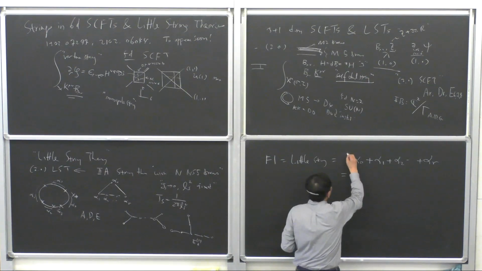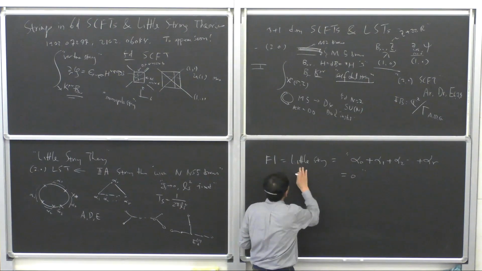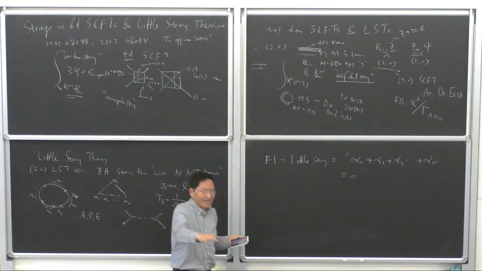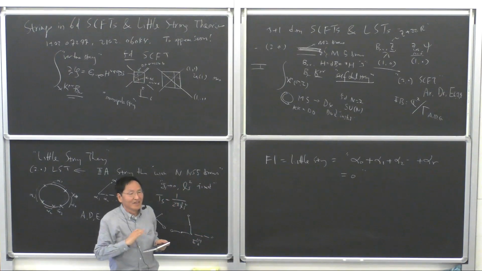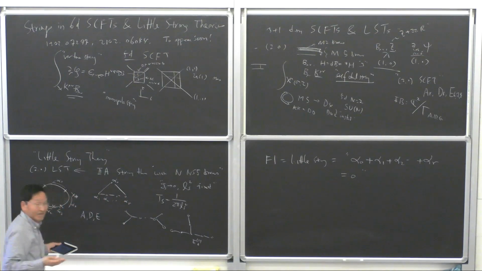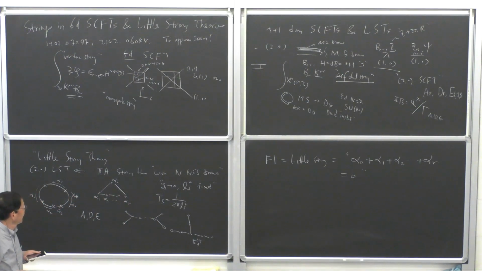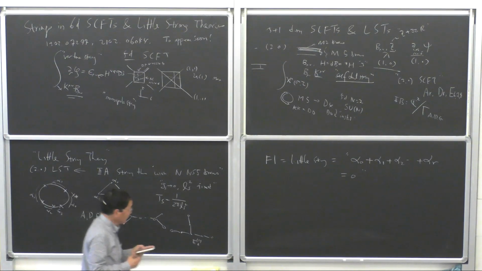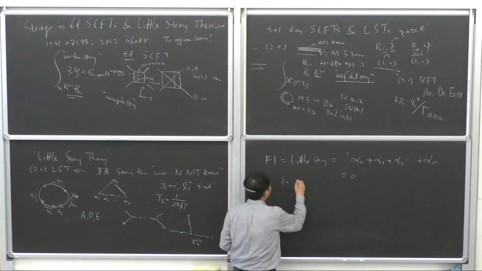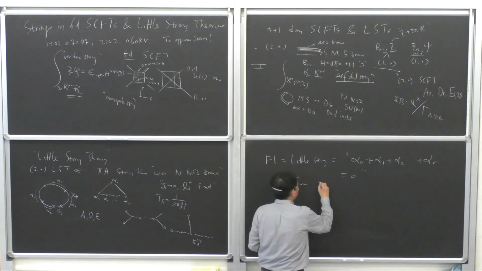And so the little string, which is the fundamental string on the M5 ring, is charge neutral under the non-abelian tensor field, or it decouples. So naturally, there's a concept of global U1 symmetry. So there's the one-form symmetry.